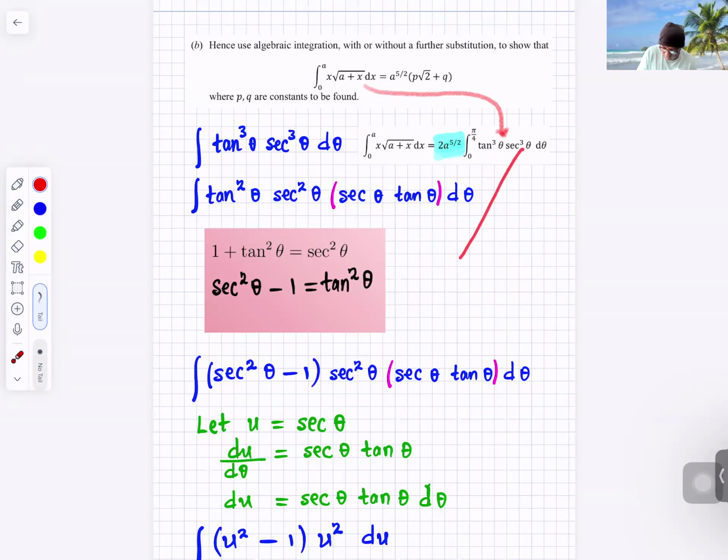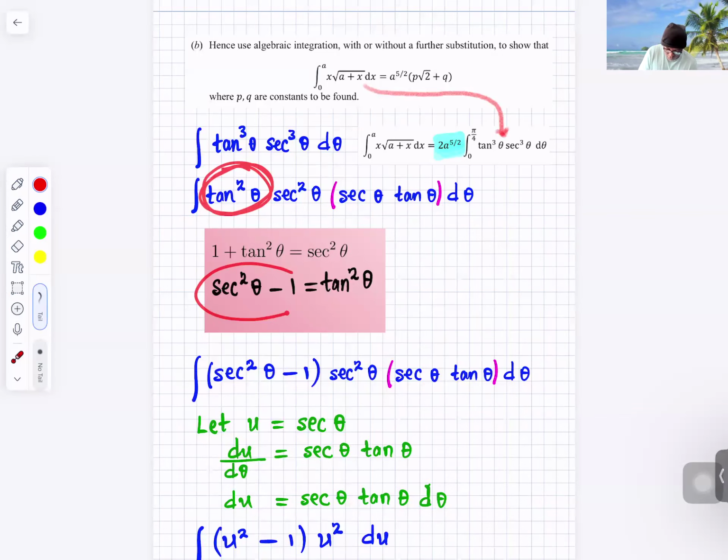We take sec cube theta, split it into 2, sec squared theta times sec theta. So that will give us this sec theta tan theta, and that will give us this tan squared theta sec squared theta.